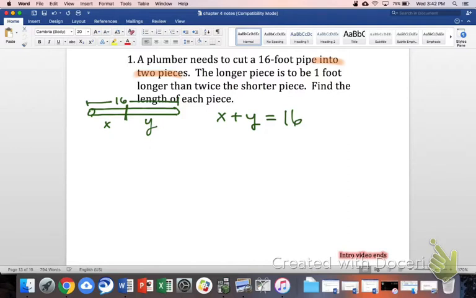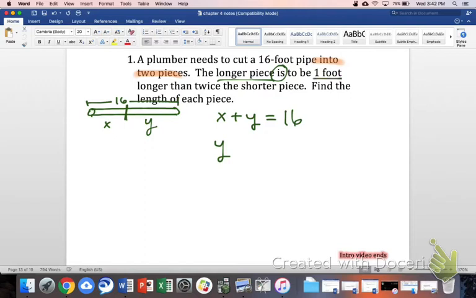But of course there's a little bit more to this. It says that the longer piece is to be 1 foot longer than twice the shorter piece. We're going to break that down. The way that I've drawn my picture, Y is the longer piece. It doesn't have to be, but that's just the way I drew it. So the longer piece, Y, is 1 foot longer than twice the shorter piece.